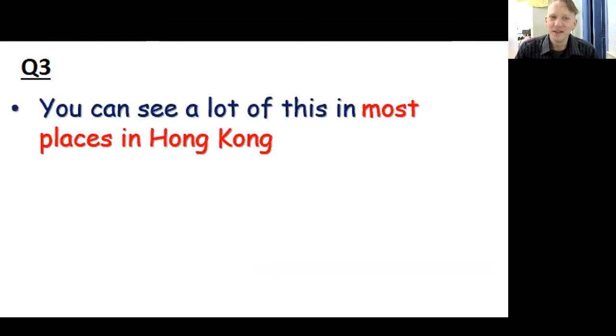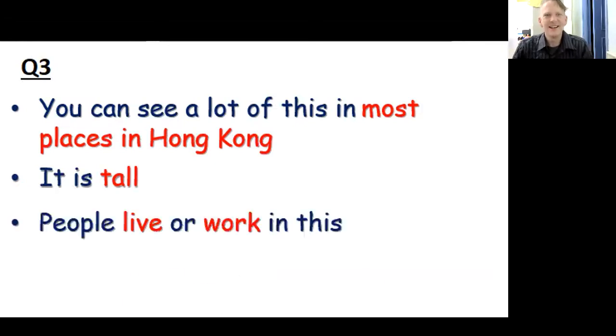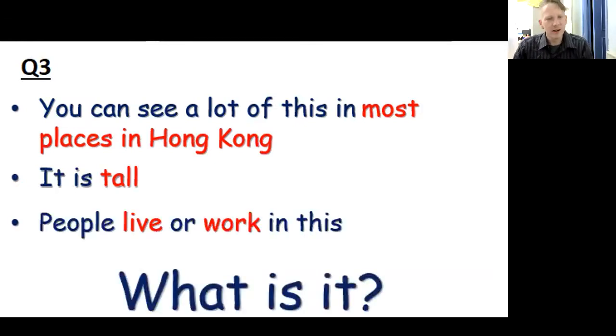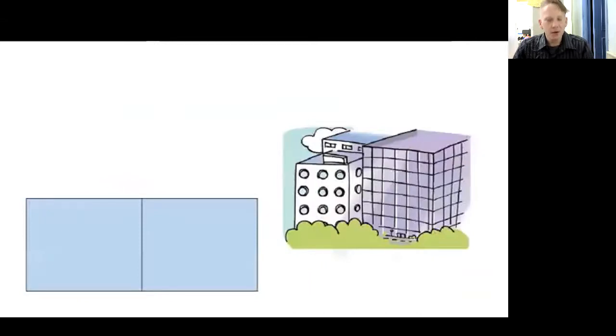Third question. You can see a lot of this in most places in Hong Kong, and it is tall, very tall, okay? And people live or work in this. Does anybody know what it is? Starts with that letter B. That's right. If you said building, you got it. Let's say it together. Building.